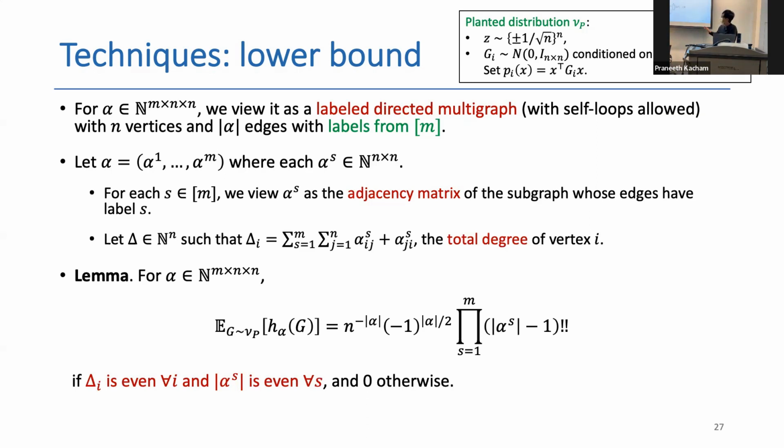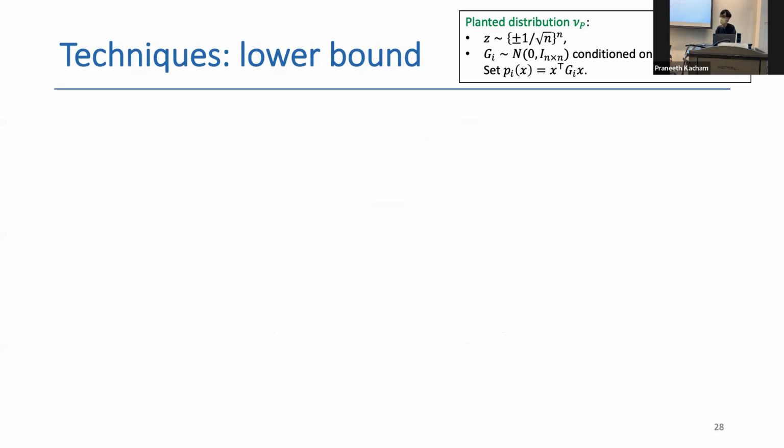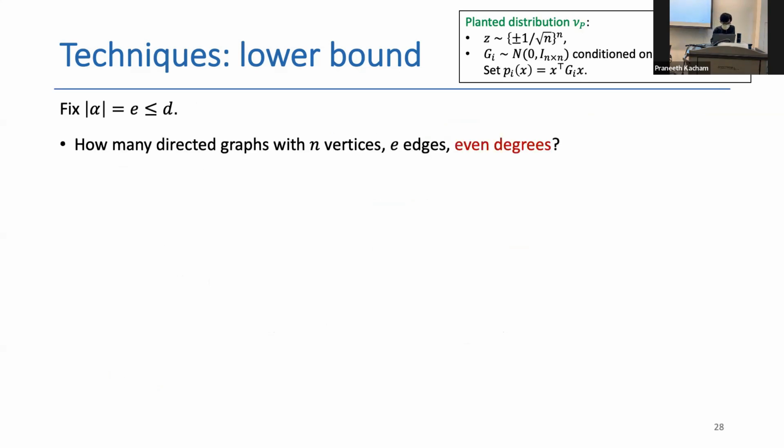So this calculation really reduces to some interesting combinatorial problems. Let's say we first fix the number of edges to be E, and E has to be smaller than D. How many directed graphs with n vertices, E edges, and even degrees? The answer is less than 8n to the E. And I'm sure Jeff, for example, can improve that 8 by some constant factors.